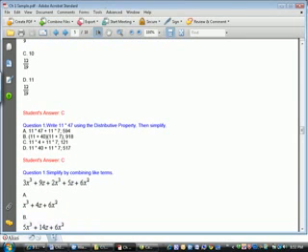Okay, sorry about that. Here's question number 21. It says question 1, but it's actually question 21.